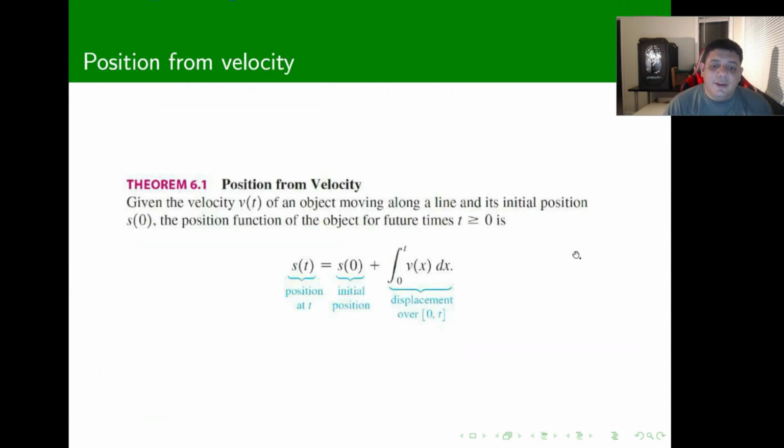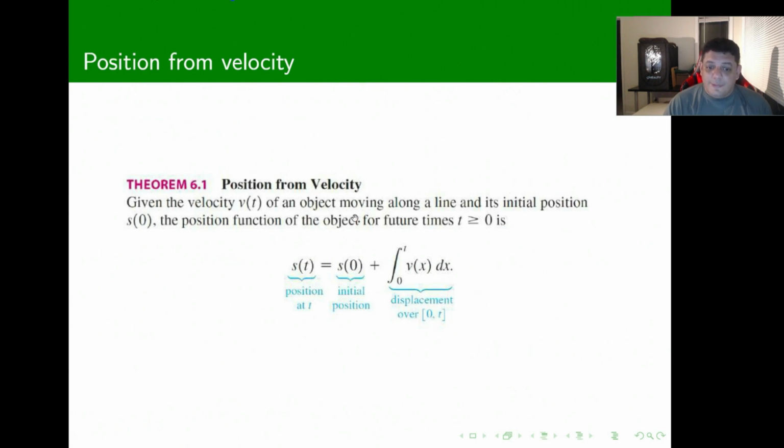Now, given that we have considered that the displacement can be observed from the velocity and from the fundamental theorem of calculus for a couple of points, we can now define a position function from the velocity function.